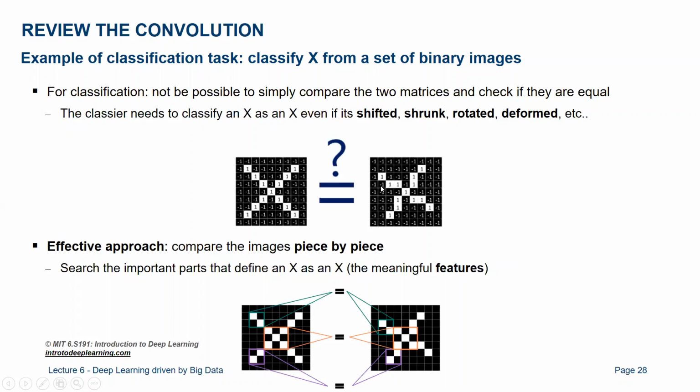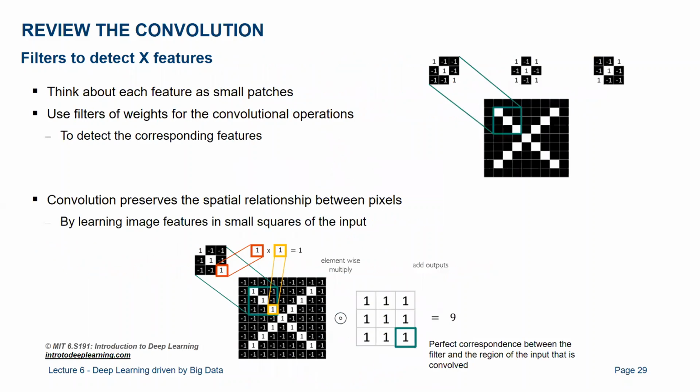The main strategy is to compare the images piece by piece. It means that you want to search for the important parts that define an X as an X. So again, you are looking for the features. What are the features that represent or ensure the existence of an X? And how do you identify these features? Basically by learning filters, and these are the convolutional filters that you find here. Think about each feature as a small patch, right?